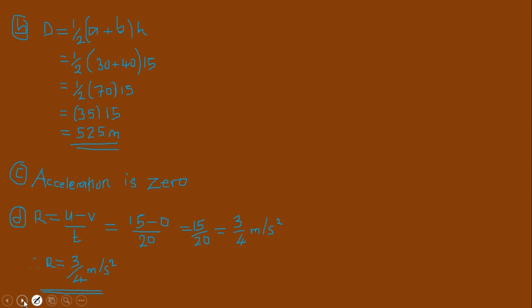What is our formula for a trapezium? It's half of a plus b, multiplied by h. So what is our a, what is our b, and what is our h? From the diagram, we noticed that our a was actually 30, then our base was 40, and our height was 15.